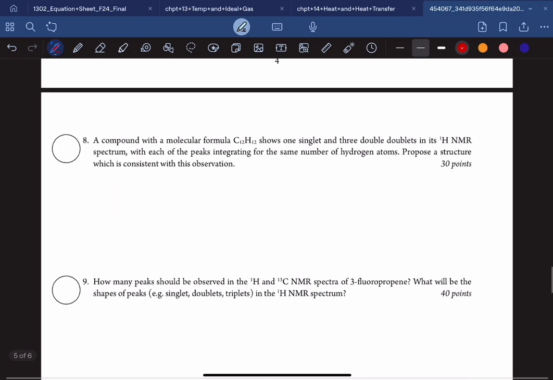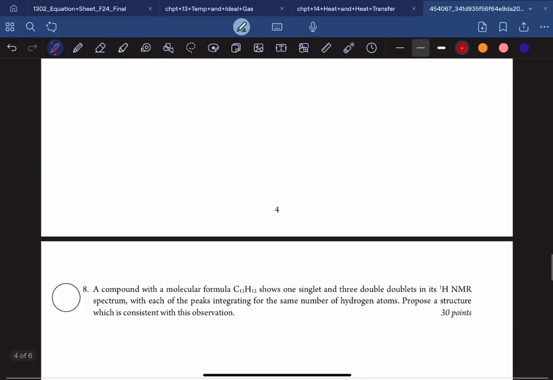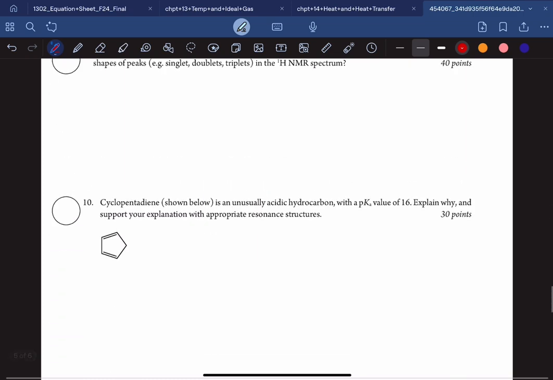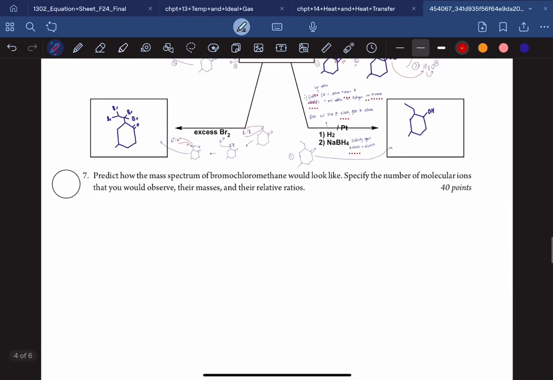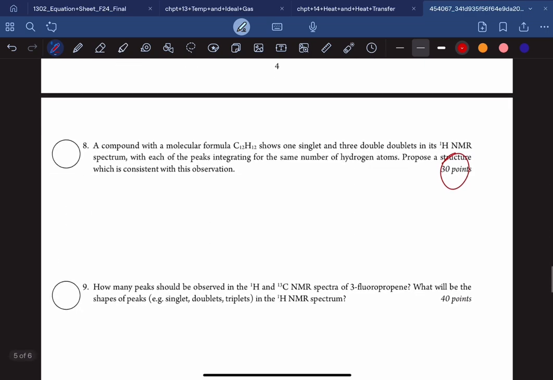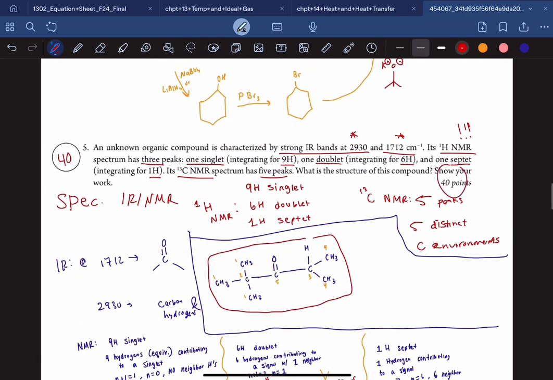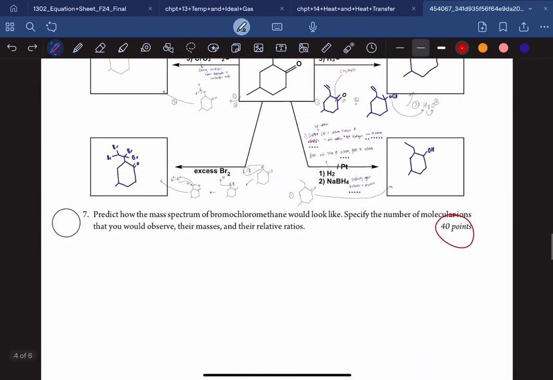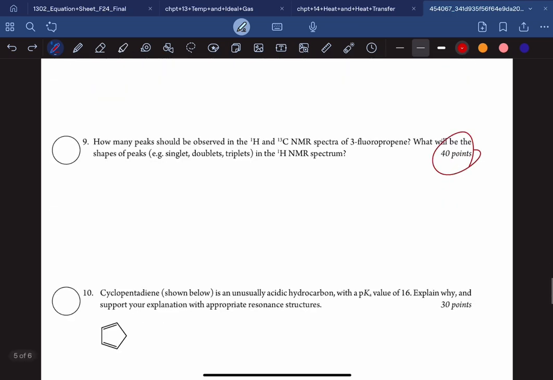All we have left is a few more problems about spectroscopy. So at this point, you should be thinking, look how many points spec is worth. 40, 30, 40, another 40 here. So what is that? 40 plus 40, so 80, plus 30, 110, plus 40, 150.